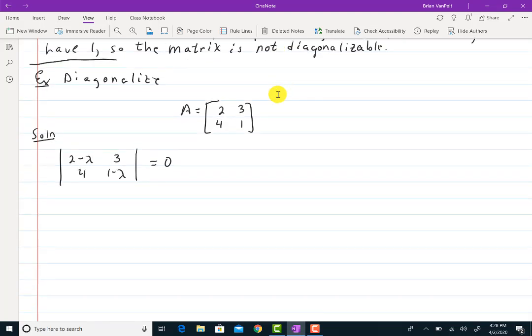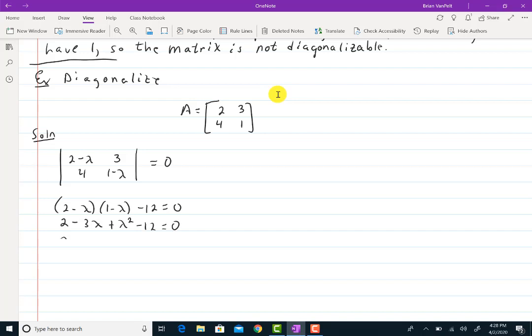Let me go ahead and multiply this through. 2 minus lambda times 1 minus lambda minus 12 is equal to 0. And then we FOIL this out and solve it. It's going to be a quadratic equation. When I FOIL this out, I get 2 minus 3 lambda plus lambda squared minus 12.